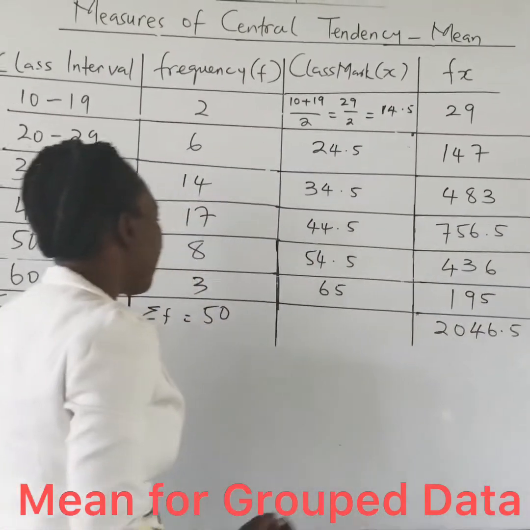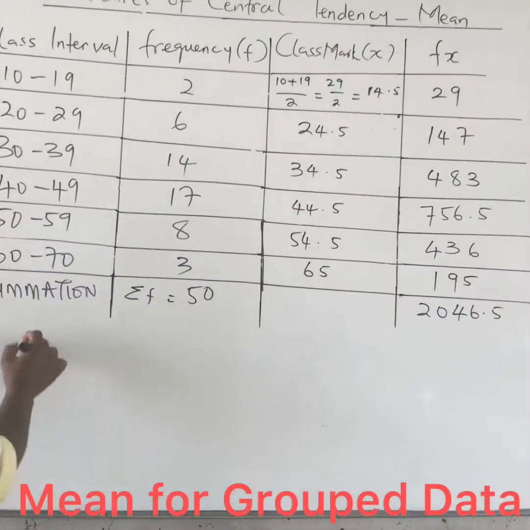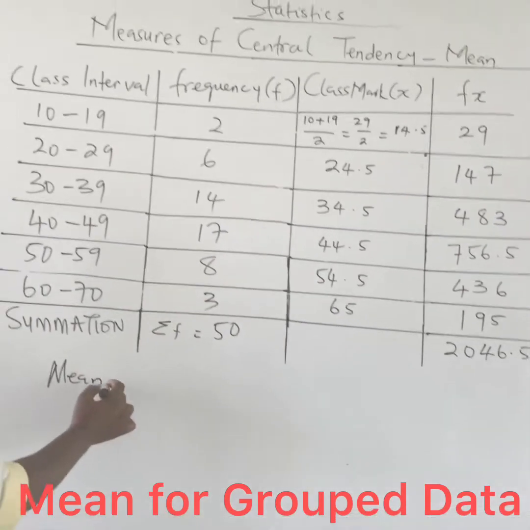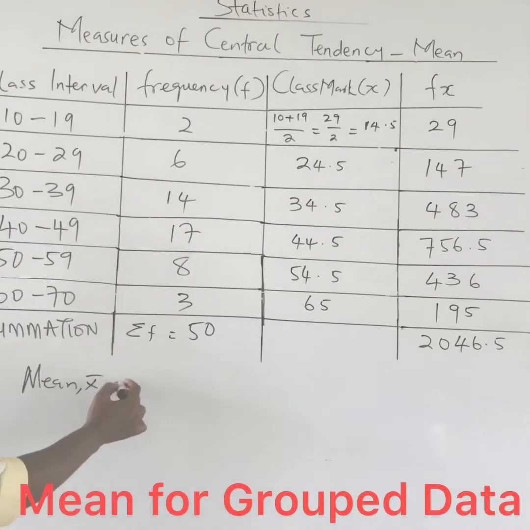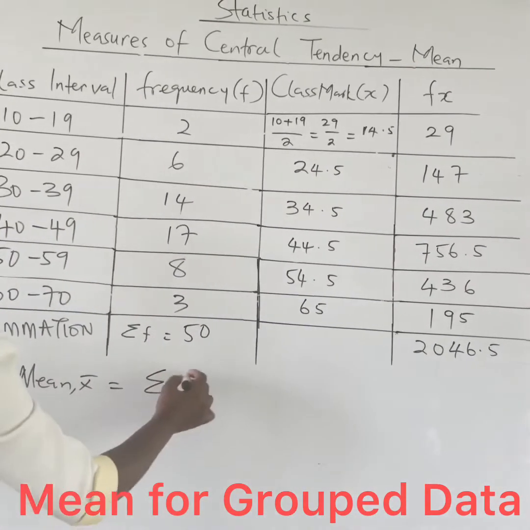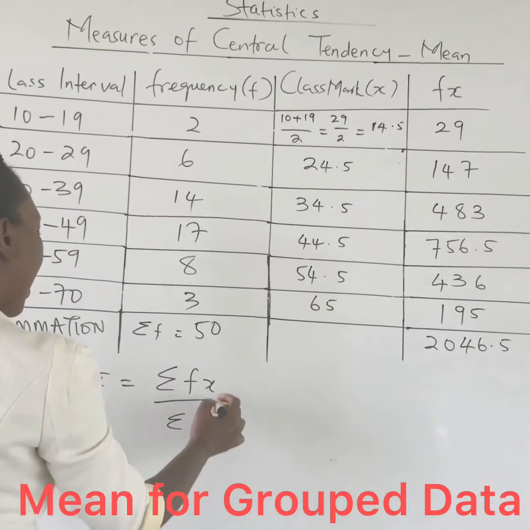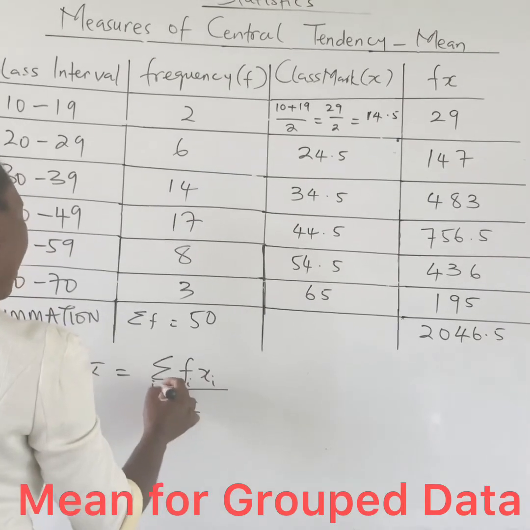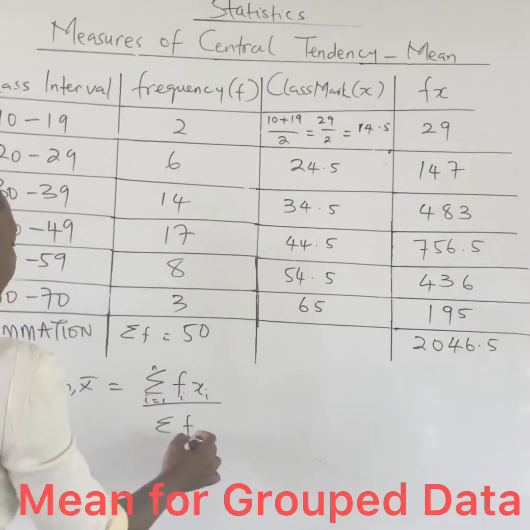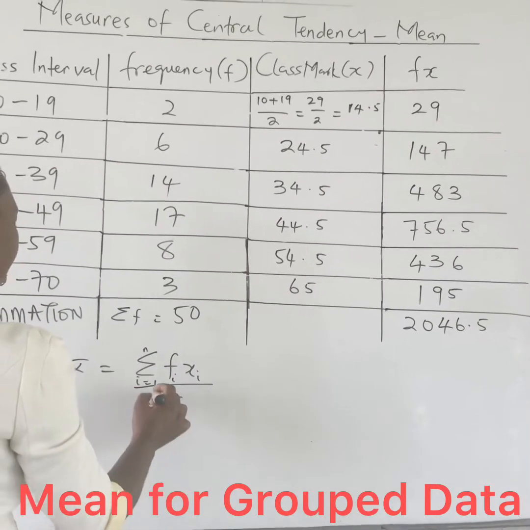Now this is the mean formula which I gave in my previous video. I have summation fx all over summation f, where i ranges from 1 to n, and then we still have i ranging from 1 to n.